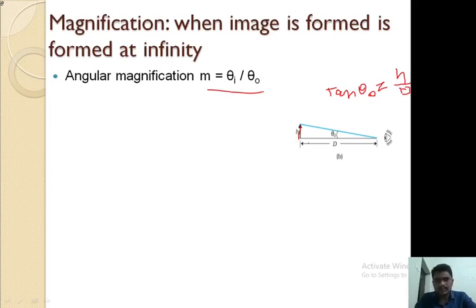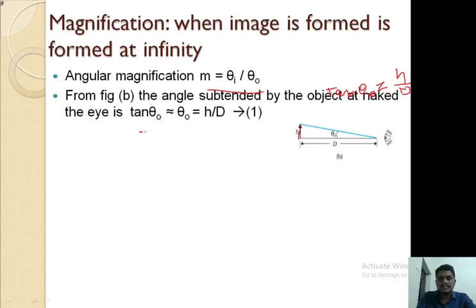We are observing bacteria, the size is in the order of 10 power minus 6 meters. So the angle made by the object at the eye is also very small, which is why tan theta is approximated to theta. Therefore tan theta naught equals h by d, so we can write theta naught equals h by d. Let it be equation number 1.